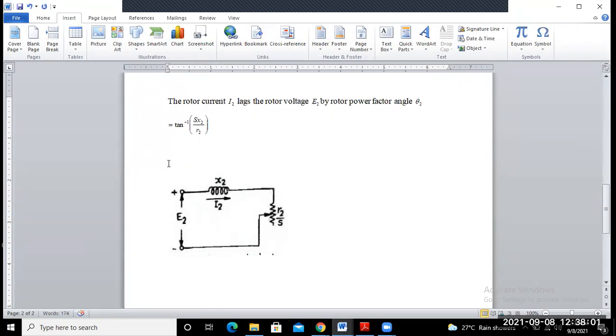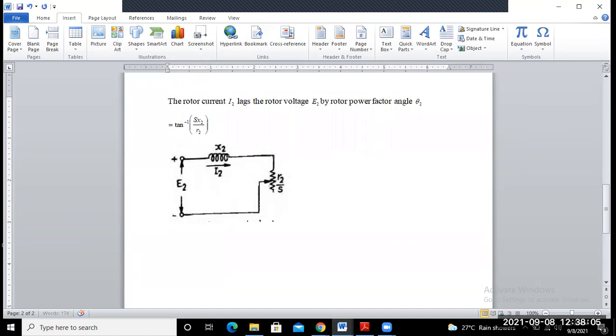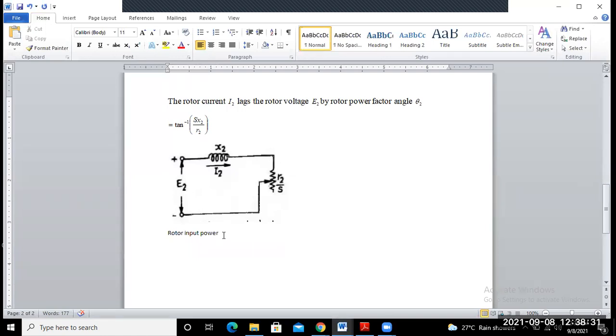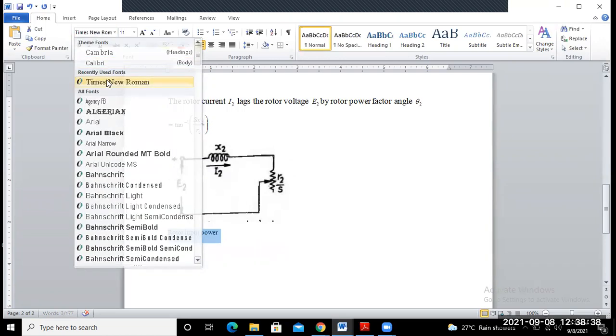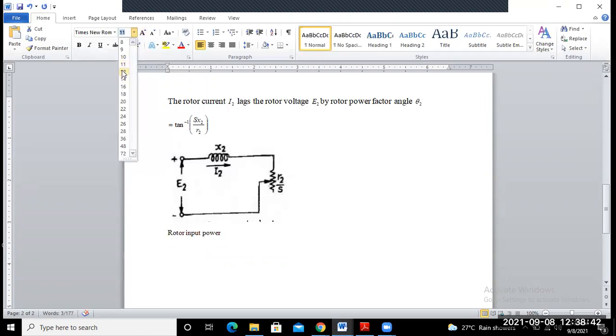The rotor input power is represented by PG, the rotor input power.